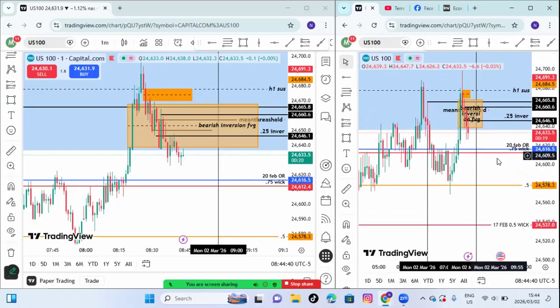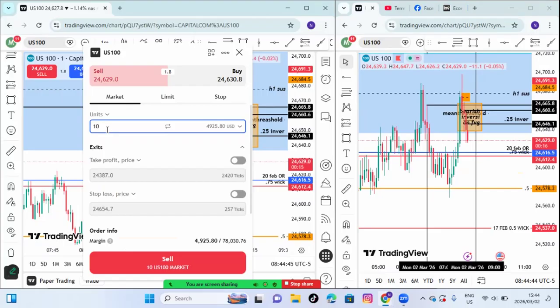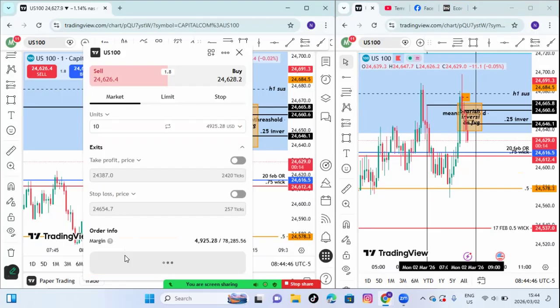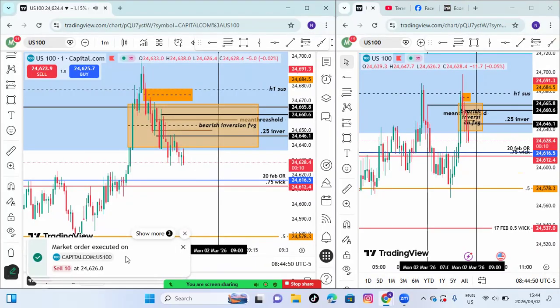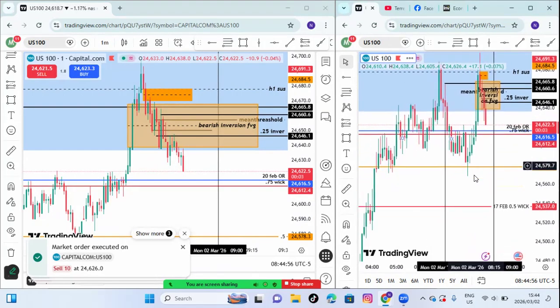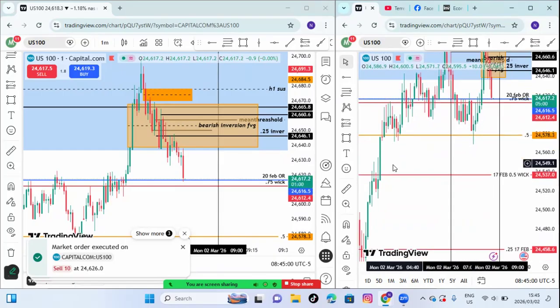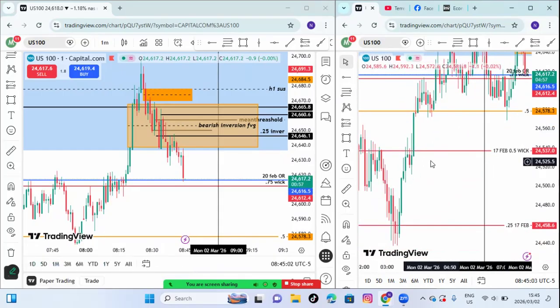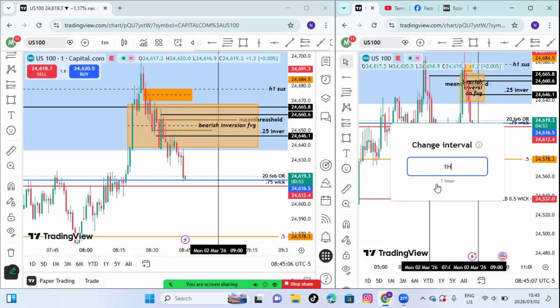On the 5. Basically, ladies and gentlemen, just keep adding. So on the 5, sell side there, sell side there, sell side there. Yeah, let's just keep it on the 1 hour there.